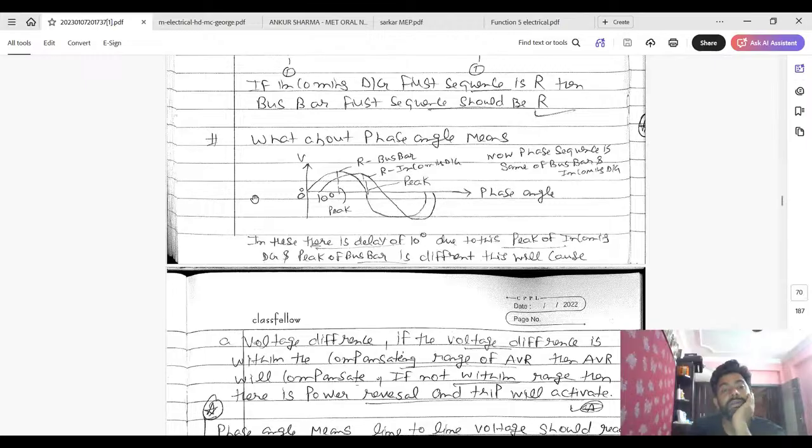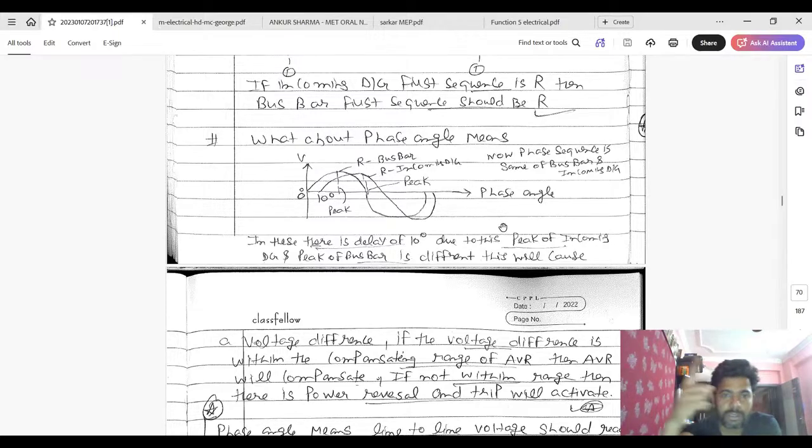How will you know in a synchroscope? If the speed of the incoming generator is more, the synchroscope pointer rotates in the clockwise direction. If the speed of the incoming generator is less, the pointer will rotate in the anti-clockwise direction. This means the incoming generator should be faster than the bus bar running generator.